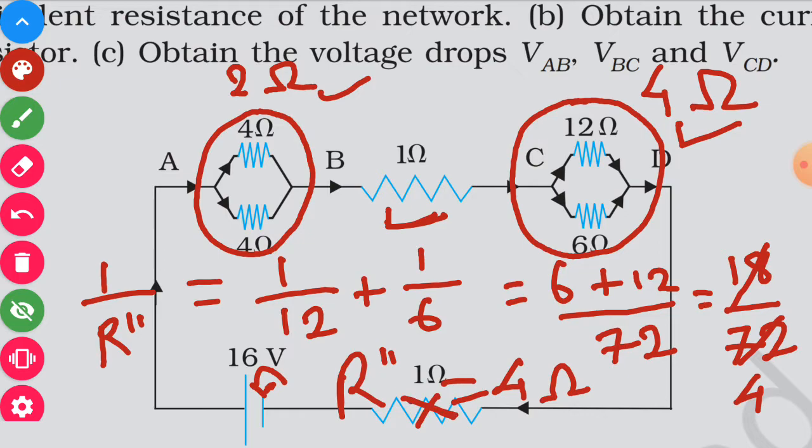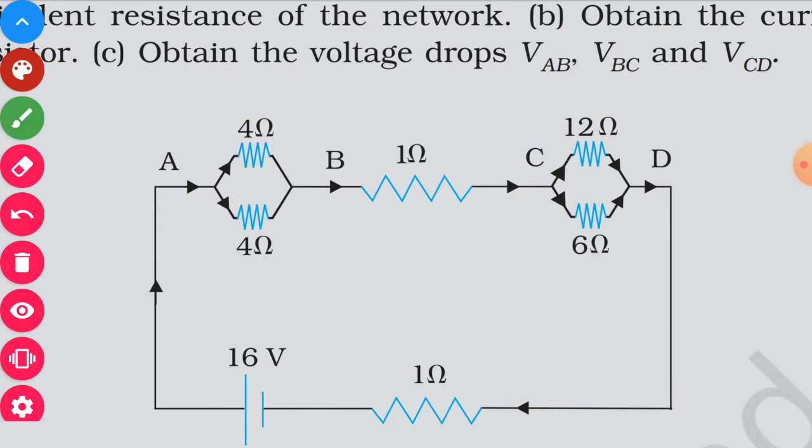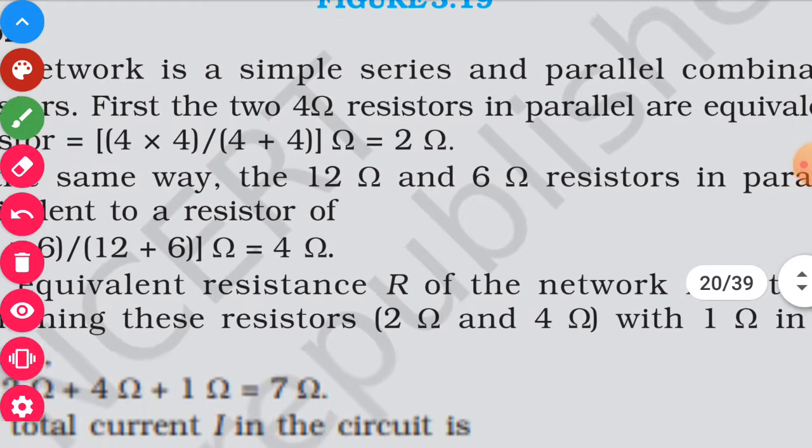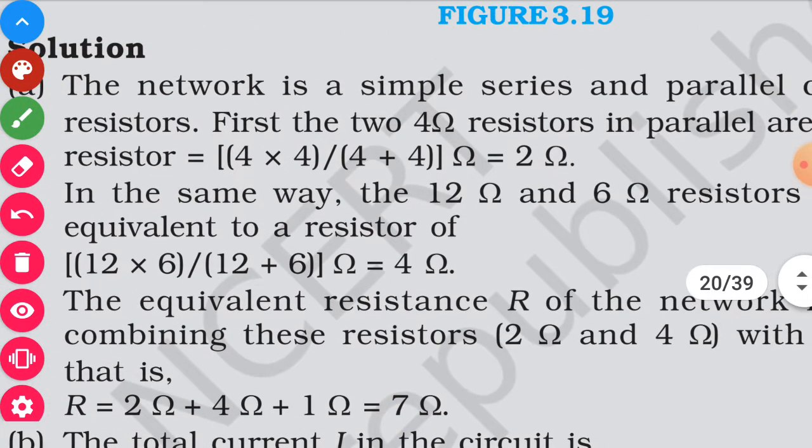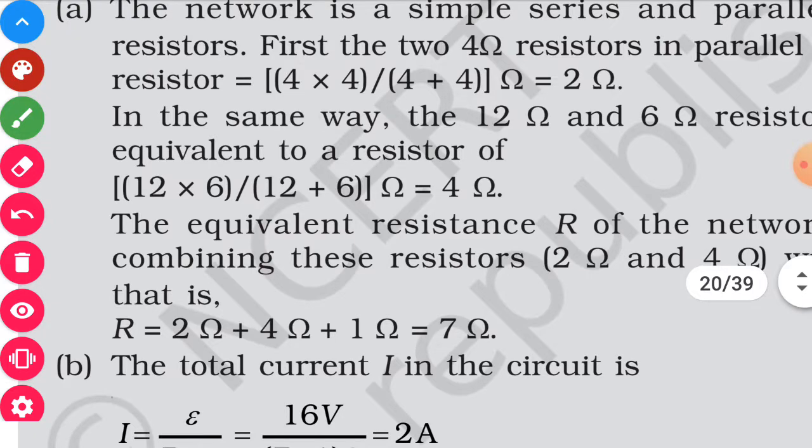This is your internal resistance, so you don't take it right now for the calculation of resistance of the network. Now see, this addition will result in 7 ohm. So the resistance of this network is 7 ohm. So the answer of the first question is 7 ohm.